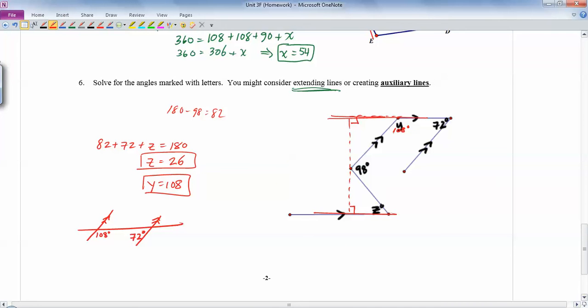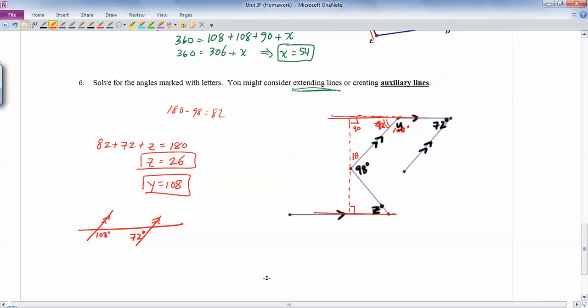If I know that this angle is 108, I can figure out that the one next to it would be 180 minus 108. That'll be 72. I've got a right triangle up here. So this is 90. This one's 72. So 90 plus 72 is 162. So that would make this 18 degrees.